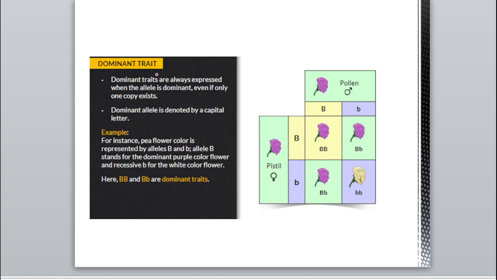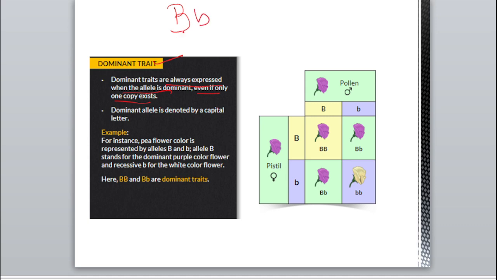So, what are dominant traits? Dominant traits are always expressed when the allele is dominant, even if only one copy exists. Let's say we took a flower with two alleles, capital B and small b.